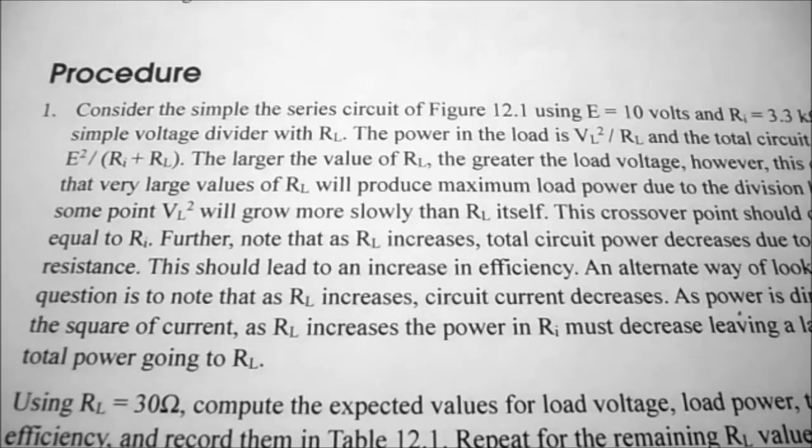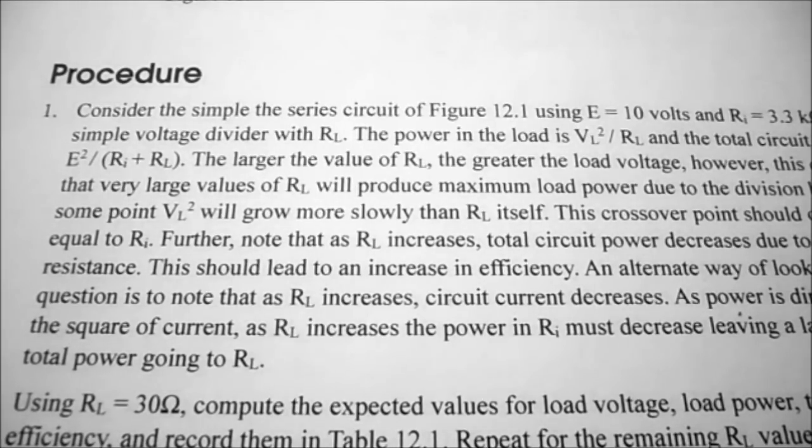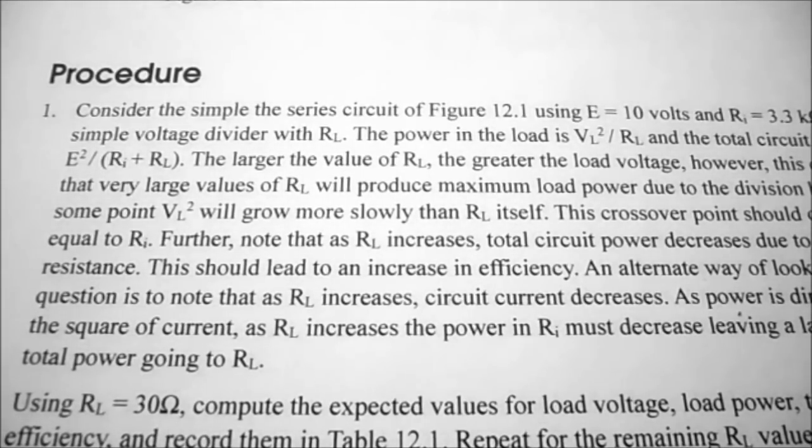RI forms a simple voltage divider with RL. The power in the load is equal to VL squared divided by RL. And the total circuit power is E squared divided by RI plus RL. The larger the value of RL, the greater the load voltage.